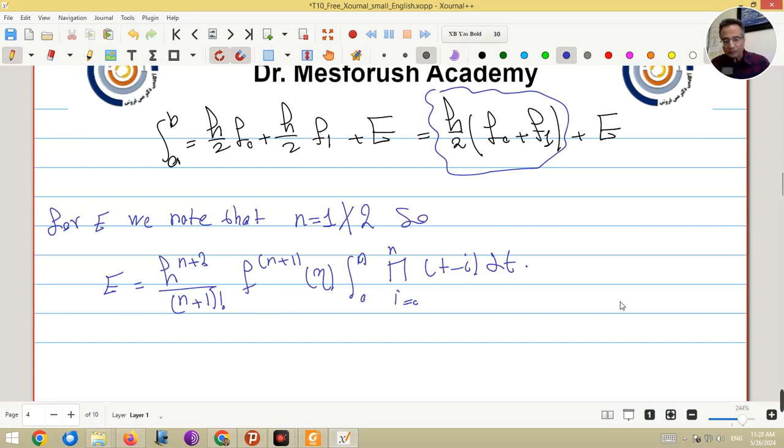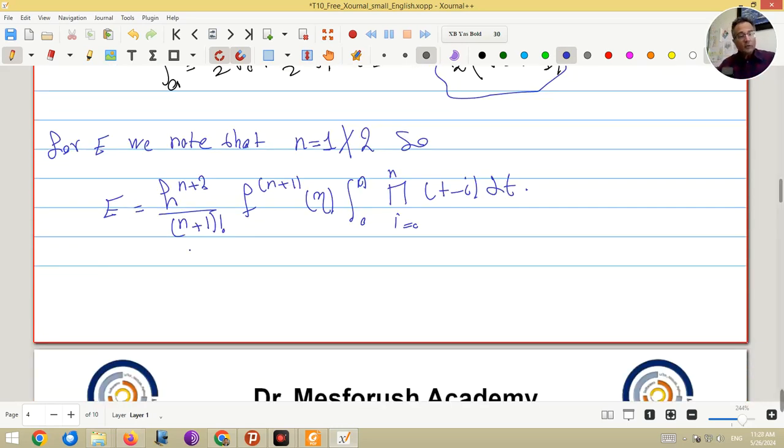Okay? Now, let me use n equal to 1. So, E is equal to, here, put 1 instead of n. So, E is h to the power of 1 plus 2, this is 3, over 2 factorial, right? f to the (1 plus 1), f double prime at eta, integral from 0 to 1.